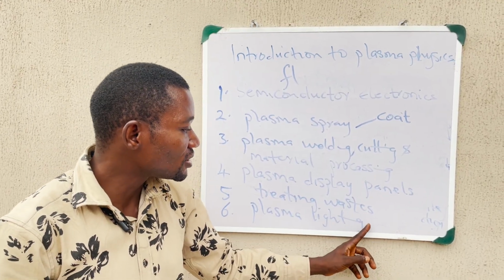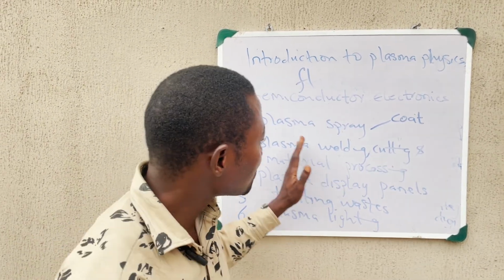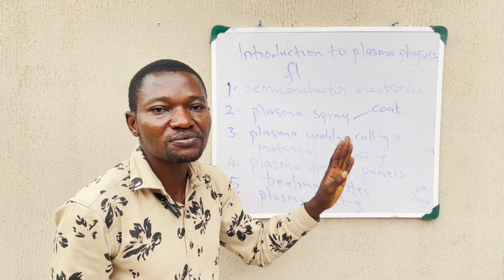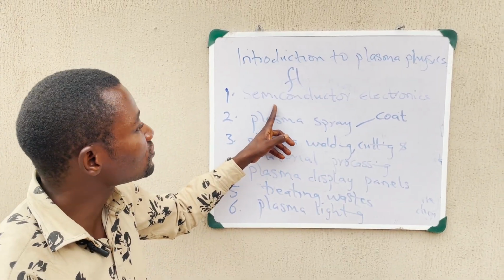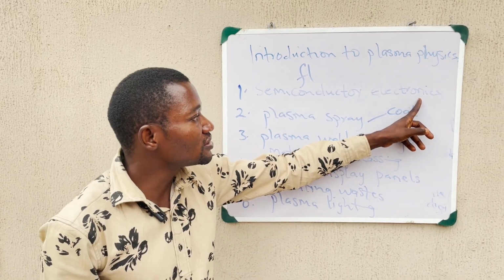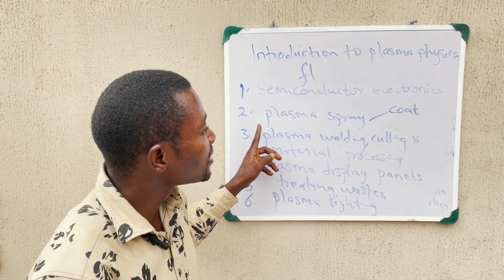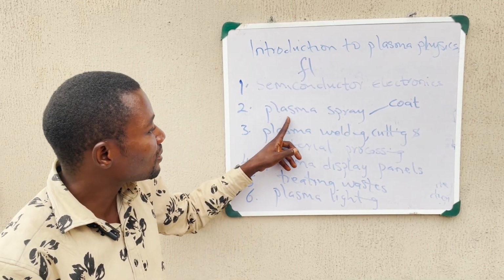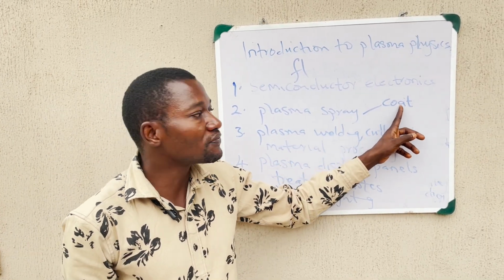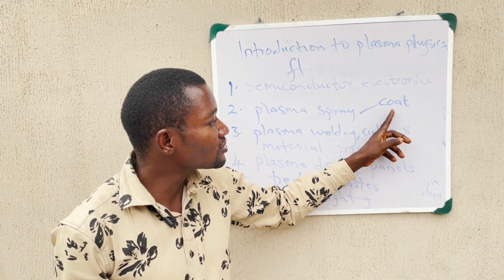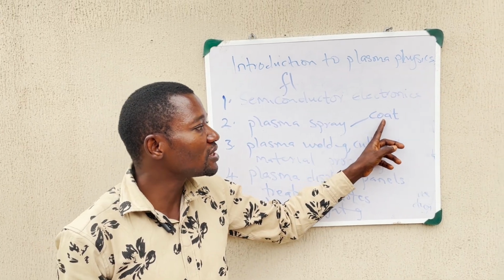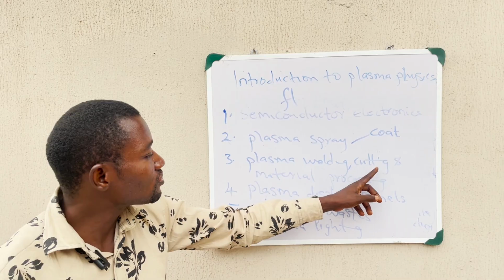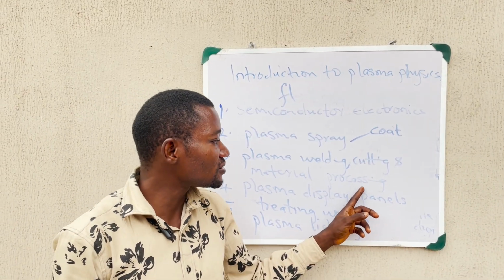There are other ones that we may not mention here, but all we are trying to say is that, in the application of plasma in industry, like we mentioned, semiconductor electronics, there is great improvement in the electronics industry as a result of the application of plasma; plasma spray, coating of materials, even down to the automobile industry.